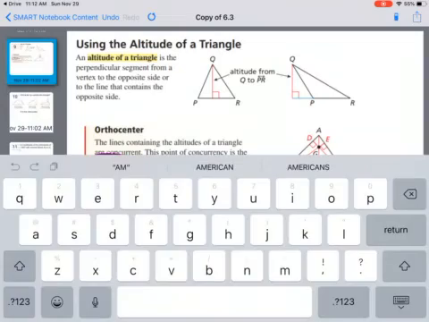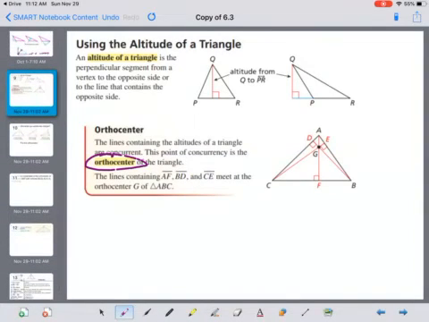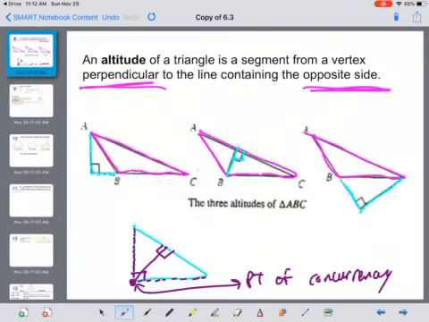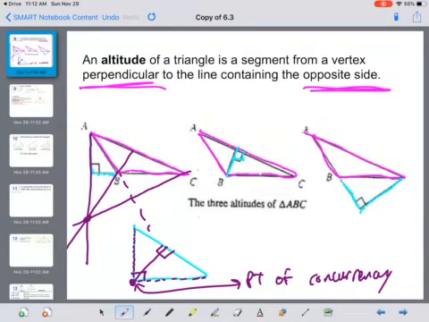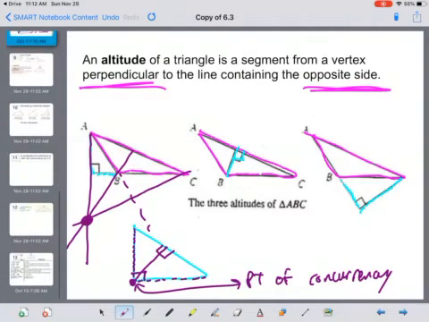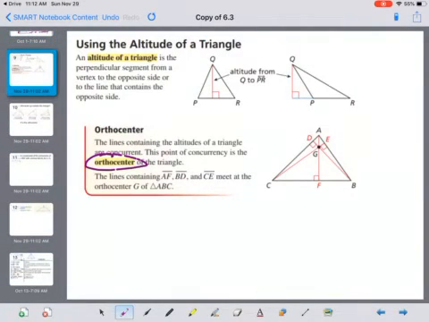So again, looking at the last triangle, if I were to extend that altitude, and then extend it from C, my point of concurrency would be outside the triangle. But if I look at this one on the orthocenter, G is inside the triangle. So you could have points of concurrency that are inside or outside of the triangle.